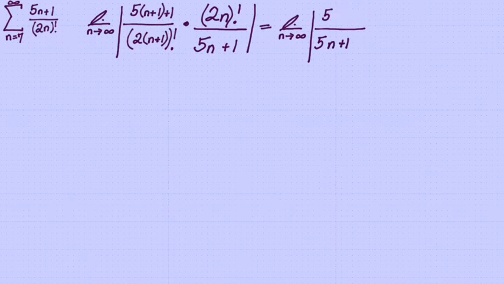Maybe I'll simplify that numerator to 5n plus 6, and then times 2n factorial over 2n plus 2 factorial when I distribute.